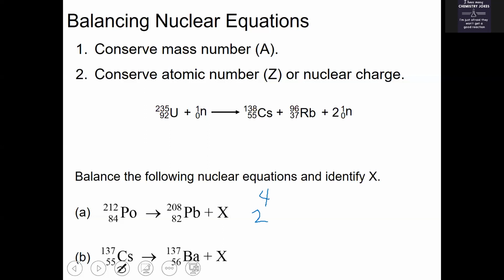So a 4-2 thing is an alpha particle. So that top reaction, when polonium decays, yep, we're going to call it that, when polonium decays, it emits an alpha particle. What about when cesium decays? There's nothing missing on the mass, and there's -1 to make them both equal 55, so that counts as an electron, also known as a beta particle.